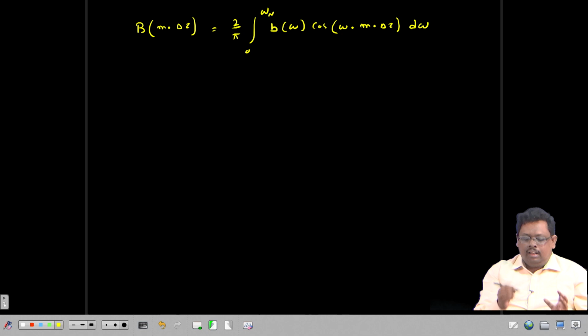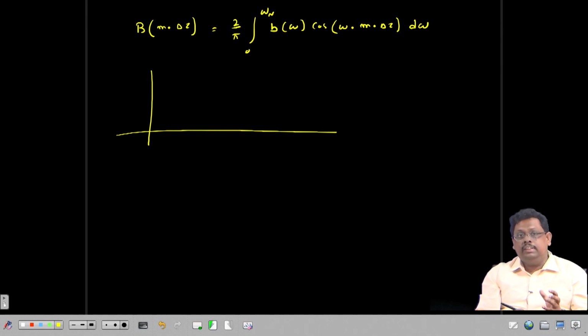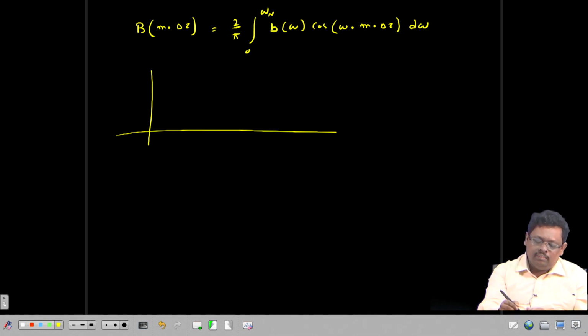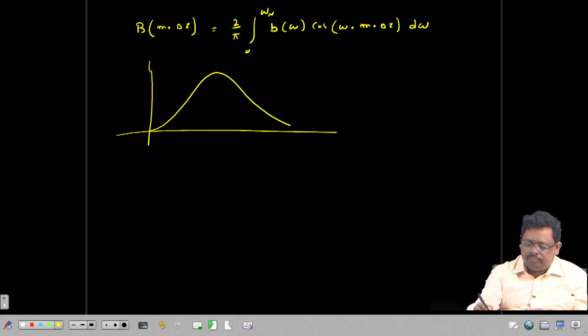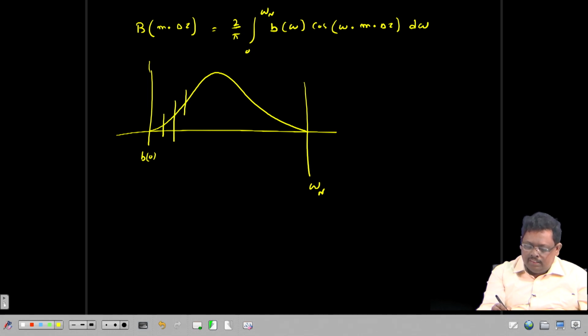Similarly, now let us try to look into the graph of b omega, and it is of course this omega n depending on how you numerically define the b omega. Now, assume that this is your graph for b omega and this is your value at omega n here. Now, you are discretizing, it is b 0 and then you are discretizing with equal interval.